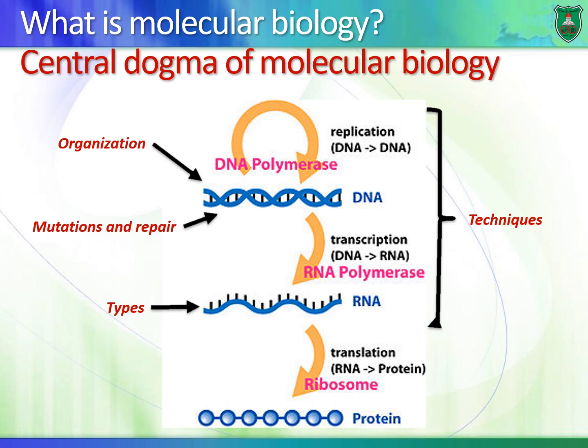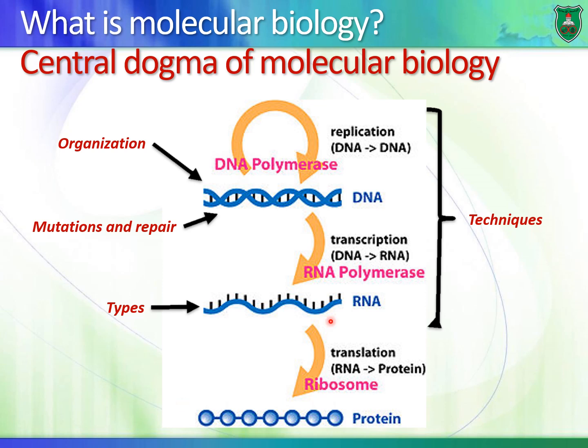Now, there's something known as the central dogma of molecular biology, and the central dogma is basically the following. You have a DNA molecule, and this DNA molecule is the genetic material of cells or organisms, and this DNA molecule is used to make an RNA molecule, and this is done via a process known as transcription.